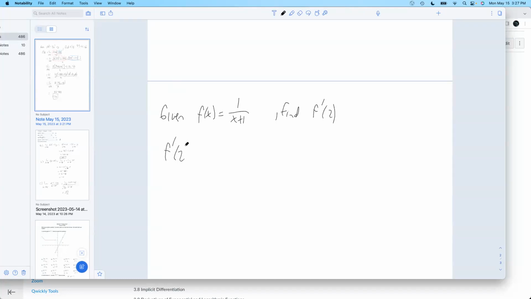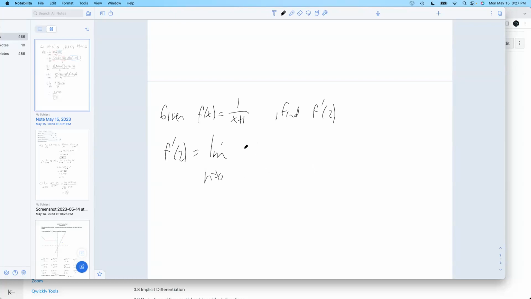F prime of 2 is the limit as h approaches 0 of f of a plus h minus f of a all over, this is all messy.